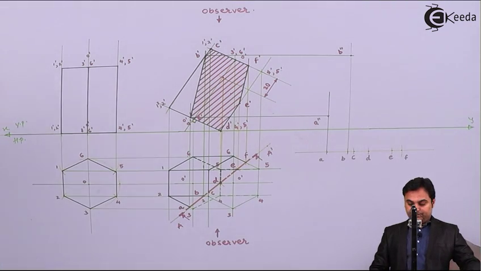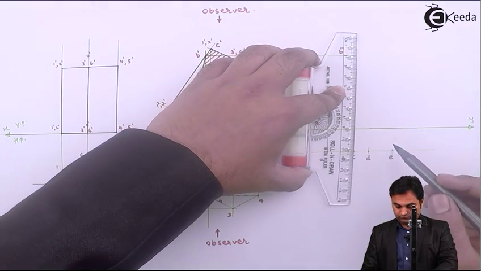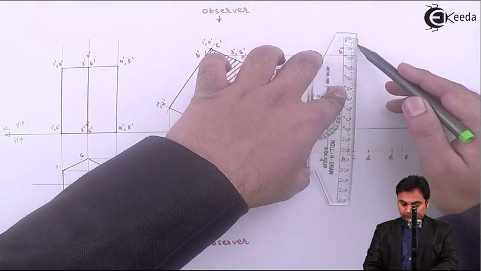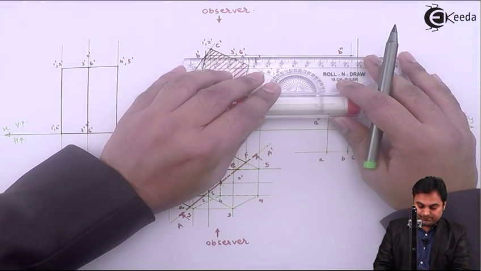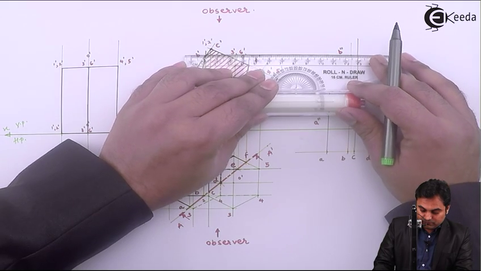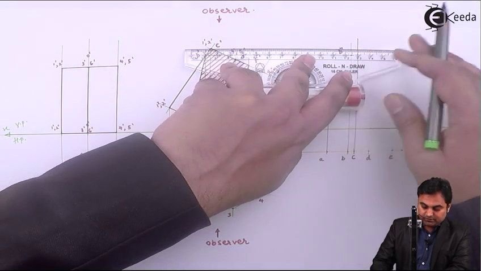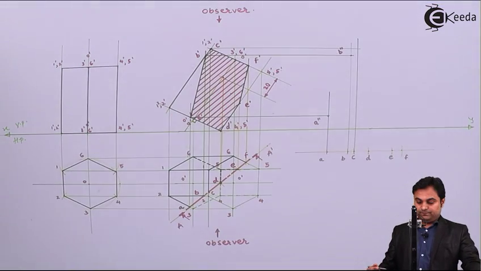Then point C. So C, and here we have C dash. Now where they intersect, that will give me the point C double dash.